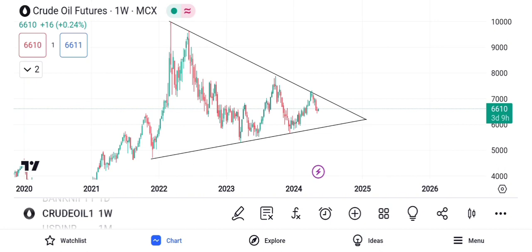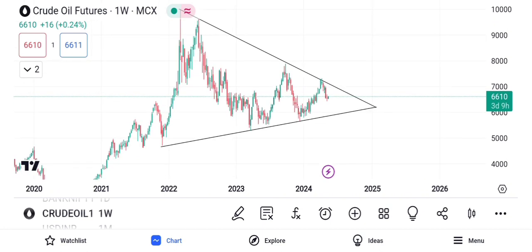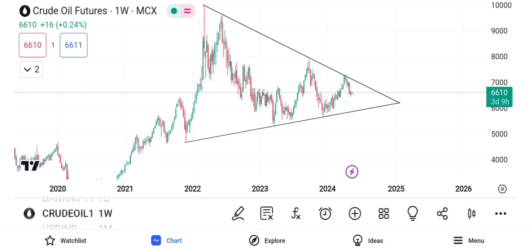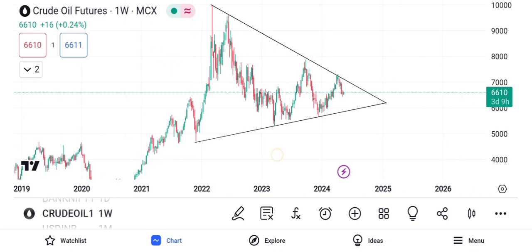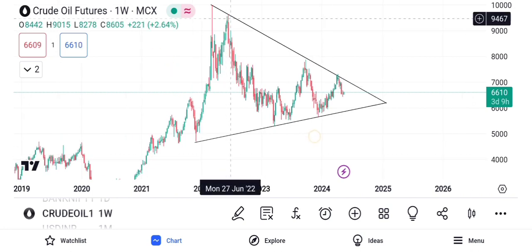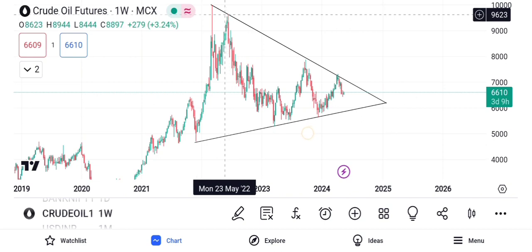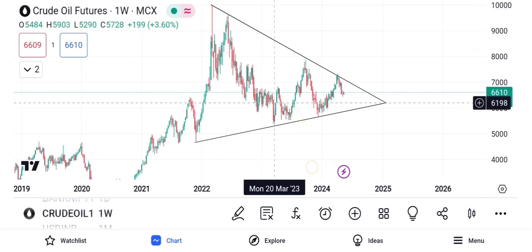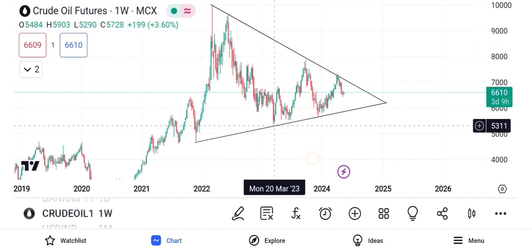This is the chart of crude oil, you can see, and you can see how beautifully crude oil has been following this chart pattern, okay, this particular triangular pattern which I have just taught you. The market always takes resistance from this level and always takes support from this level.